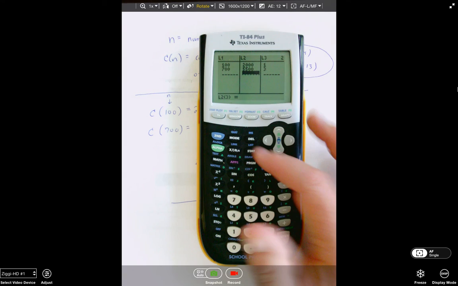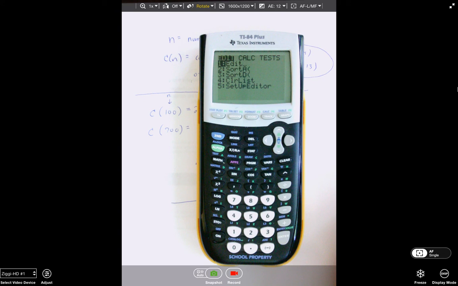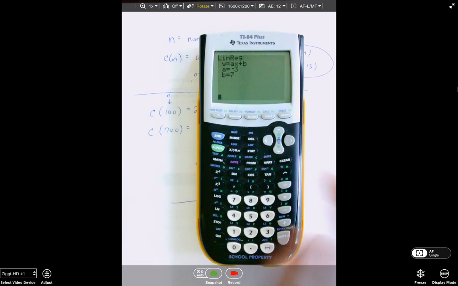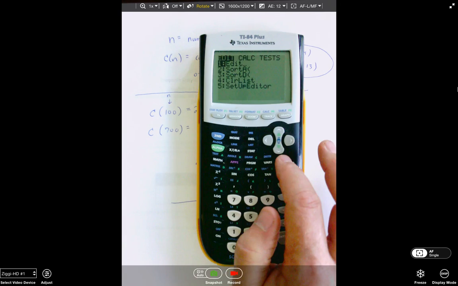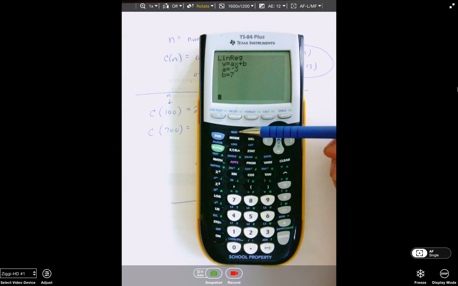Now, what did we do before? We went to stat. Actually, we didn't, I'm sorry. What we did first is we went second function quit. Your second function and your quit button is right there. Once you enter your two ordered pairs, go second function quit to get out so you can perform the operation.